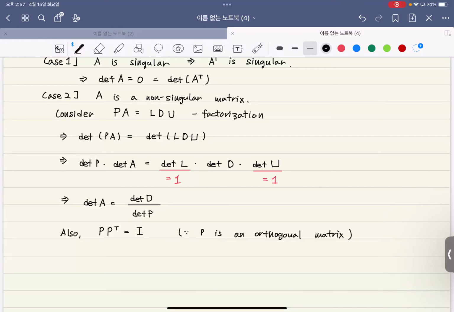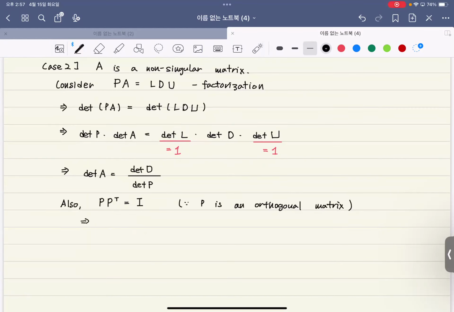P is an orthogonal matrix. So determinant of P times determinant of P transpose is determinant of identity, which is 1. Then what is determinant of P?